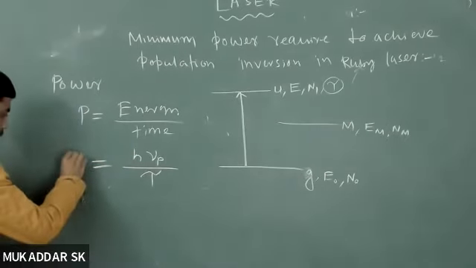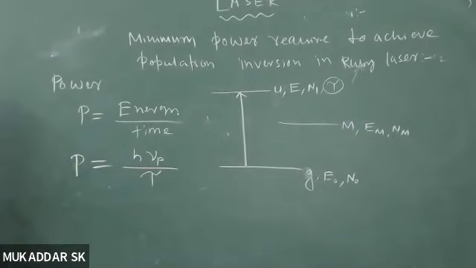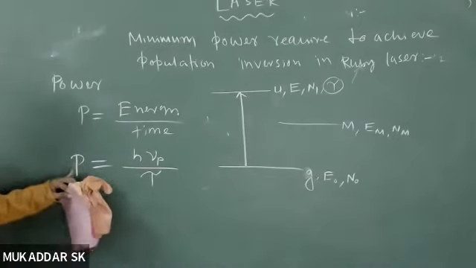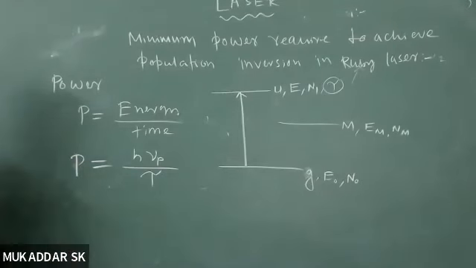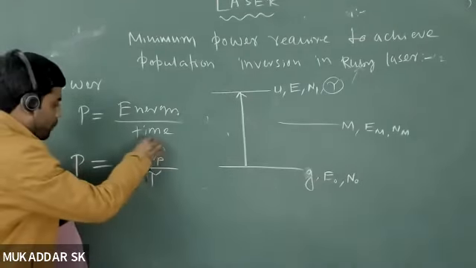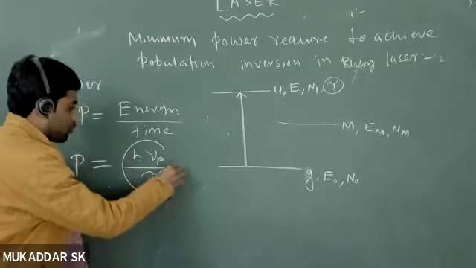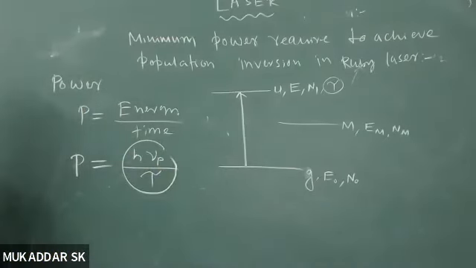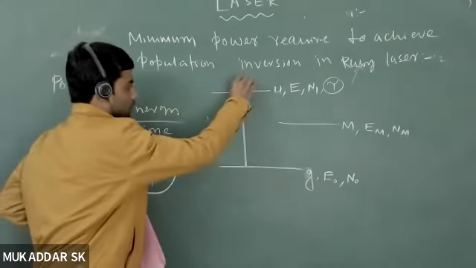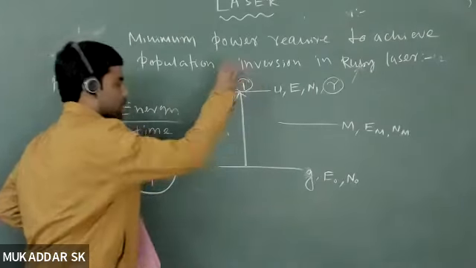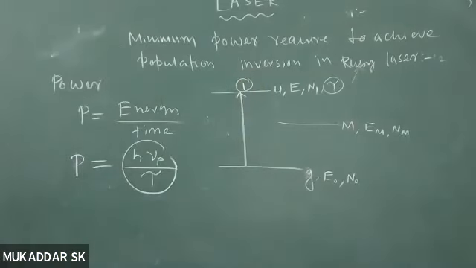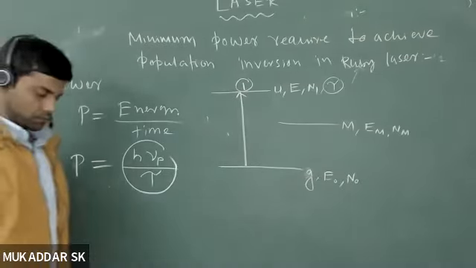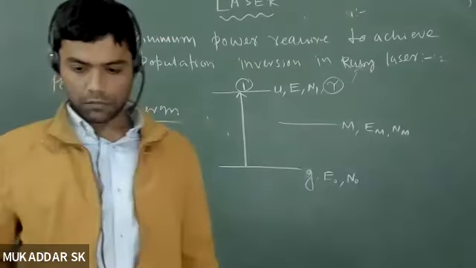So what is this power telling? This power P tells that this much power you have to give to maintain N_on atoms at the upper level. Sir, can you repeat the last sentence?